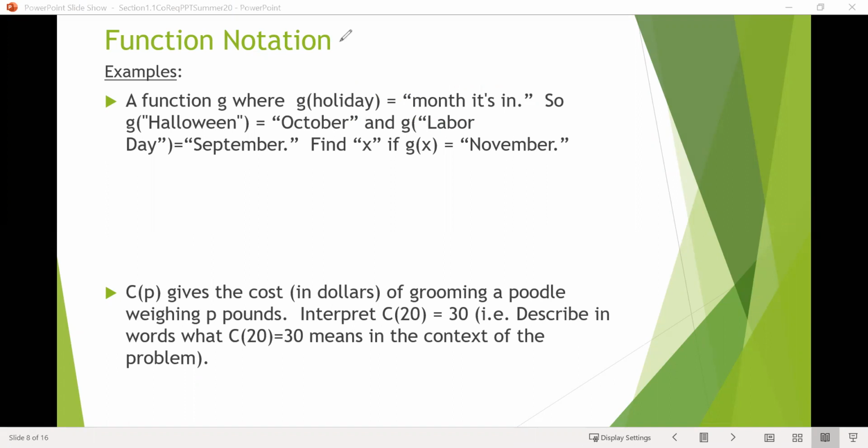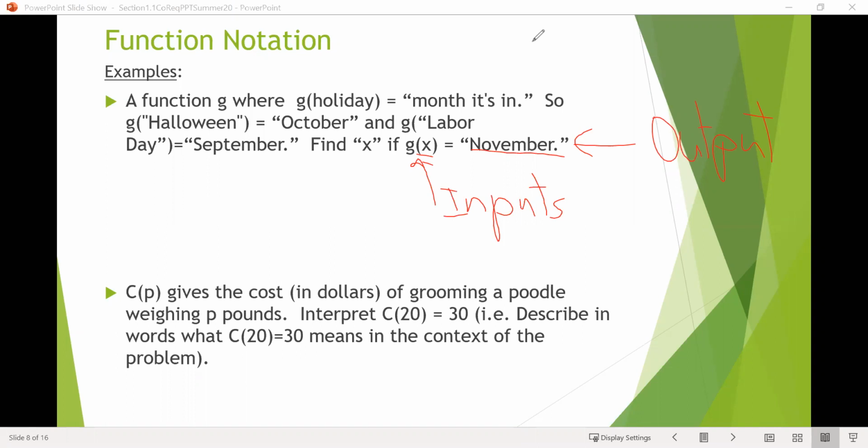Before we find the values for x, let's identify inputs and outputs here. In this case, the variable x is the input. Those are the holidays, and the outputs are the months. So November would be our output here.